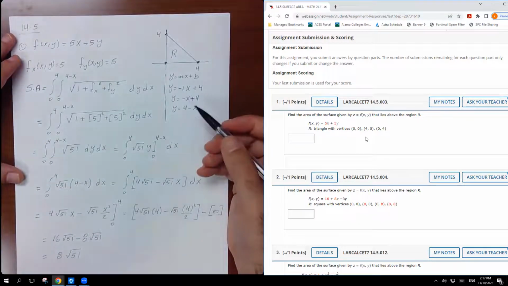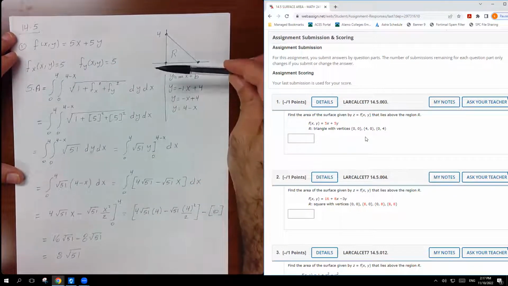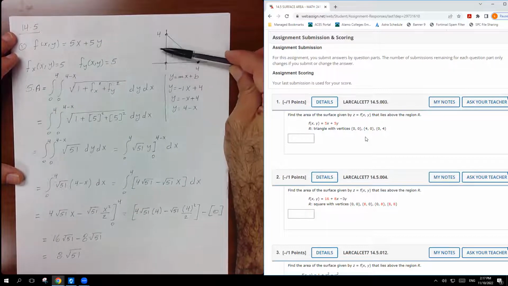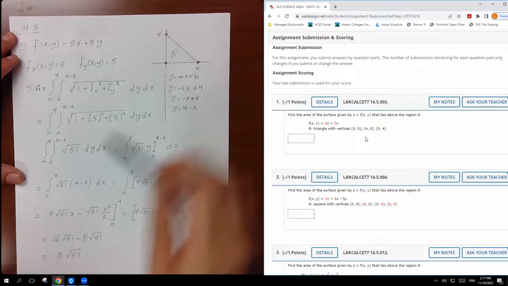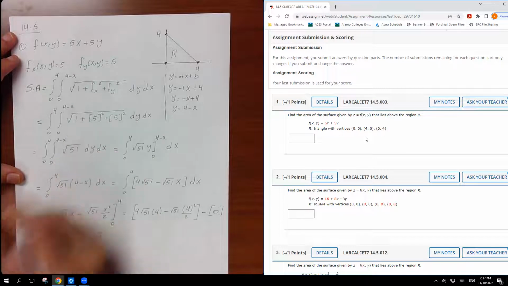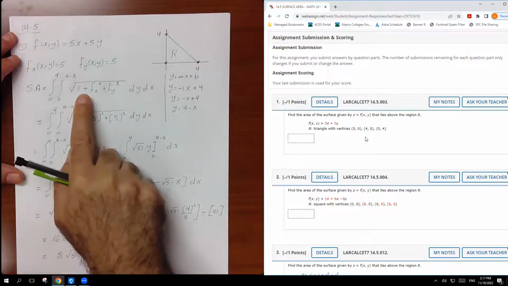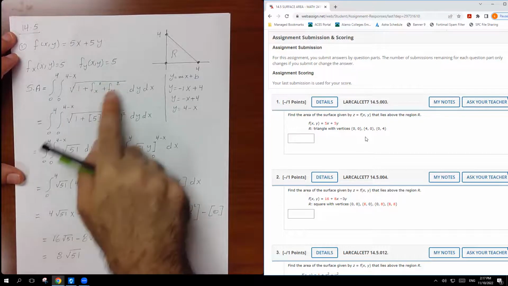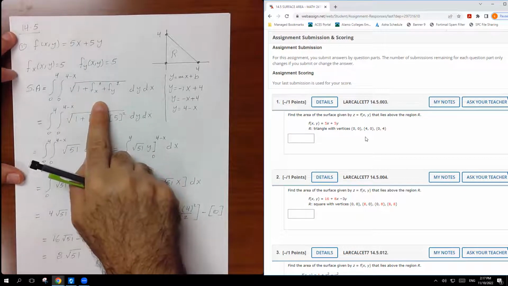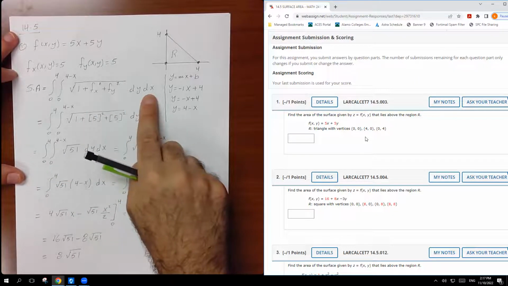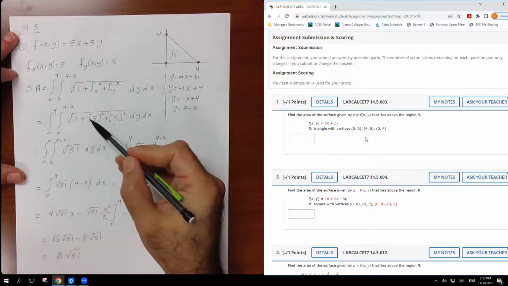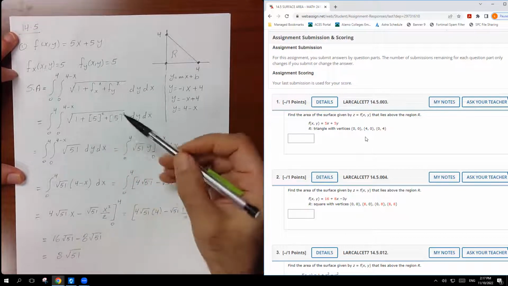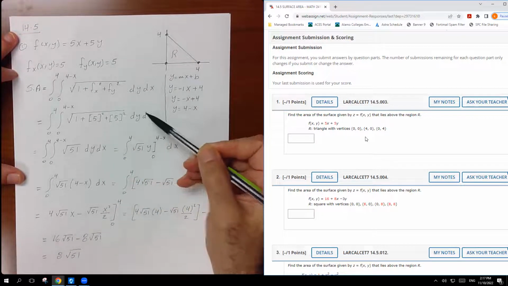Now y is going to be equal to negative x plus 4, which is the same as 4 minus x. That means y is going to be from 0 to 4 minus x. The integrand is the square root of 1 plus f_x squared plus f_y squared. This is the rule. That's why I always tell you to check the slides before you do these examples. dy dx. So it's going to be 1 plus 5 squared plus 5 squared dy dx.